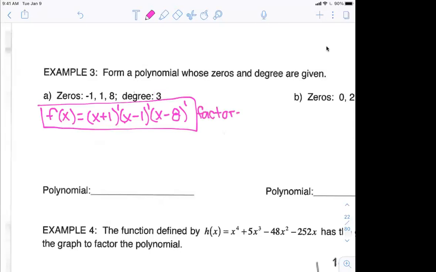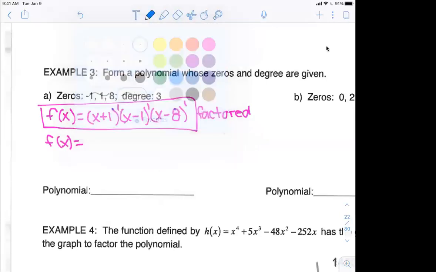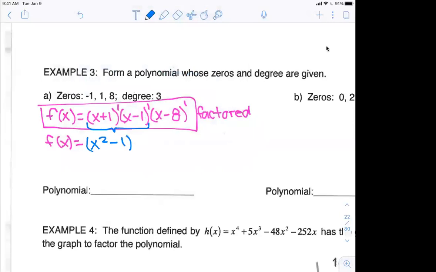Just to get some practice in, I'm going to have us multiply it out to get into standard form. So if you were going to get into standard form, you would have to go ahead and multiply 2 out of 3 of the polynomials. So if I multiplied x plus 1 times x minus 1, and I simplified, that would give me x squared minus 1.